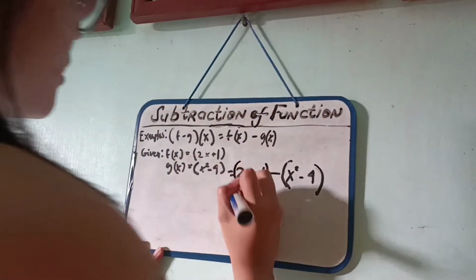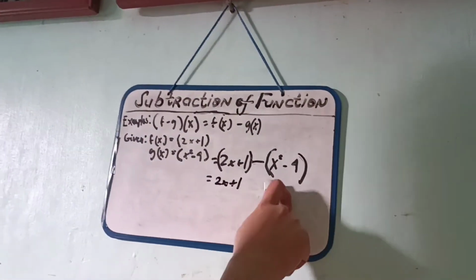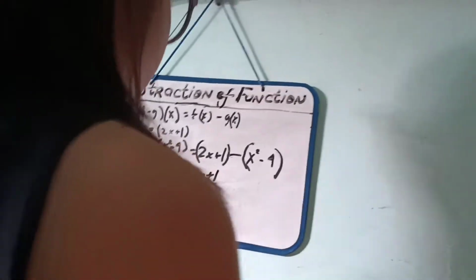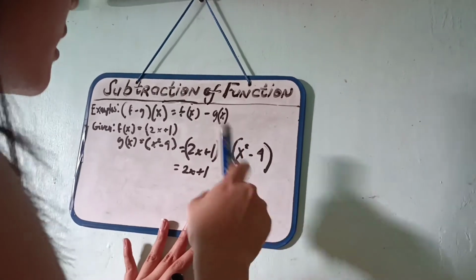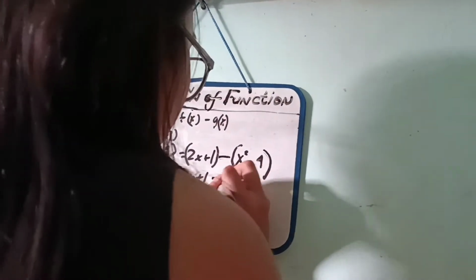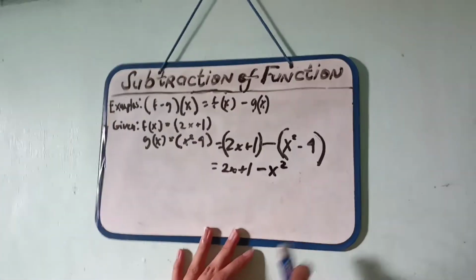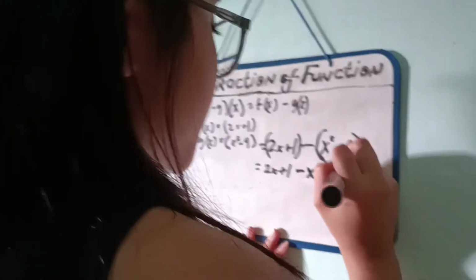Bring 2x plus 1 and ito na nga. Distribute tayo. So, negative times x squared, that would be negative x squared. Negative times negative 4, since same sign, that would be positive 4.